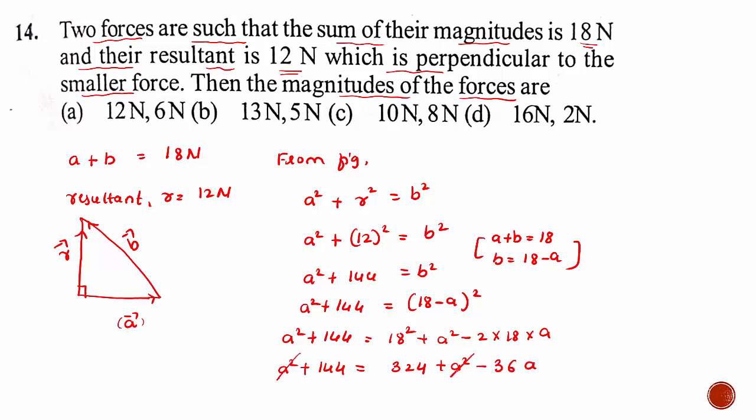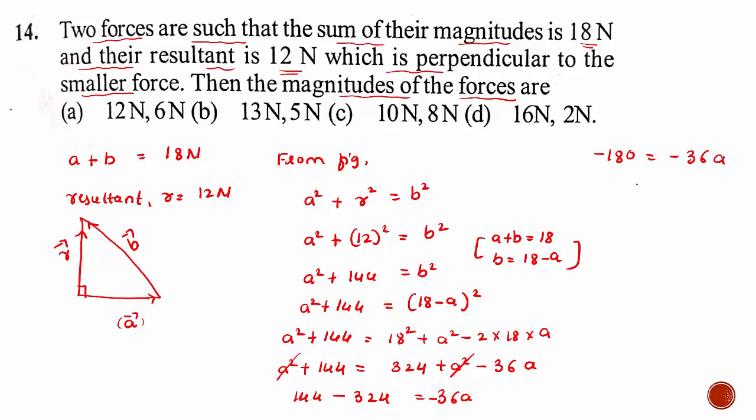A square and A square will get cancelled. So 144 minus 324 is equal to minus 36A. Here 144 minus 324 is minus 180, equal to minus 36A.